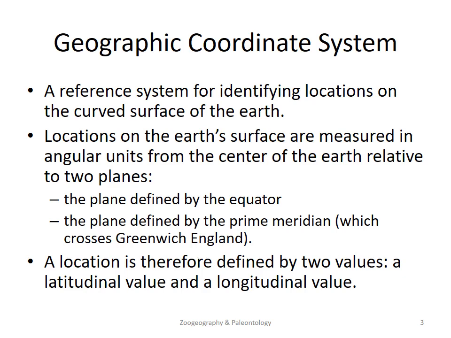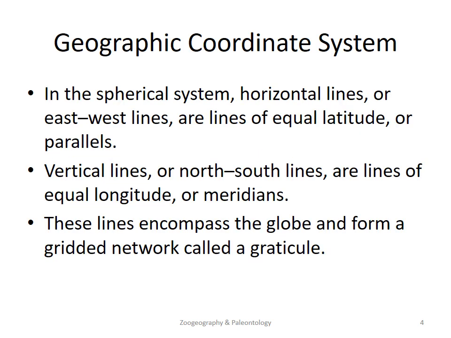So a location is defined by two values, a latitudinal value and a longitudinal value. As our Earth is a spherical system, we have to understand the system of geographic coordinates, which finds the location of a point on Earth.